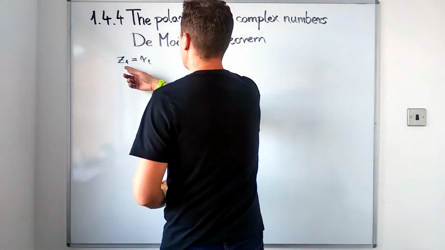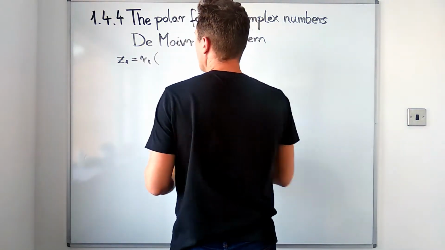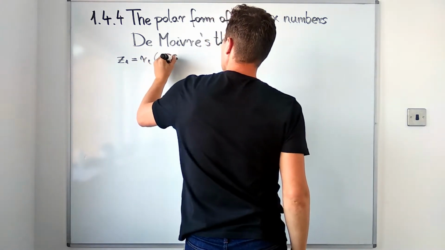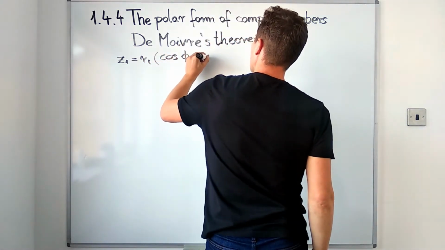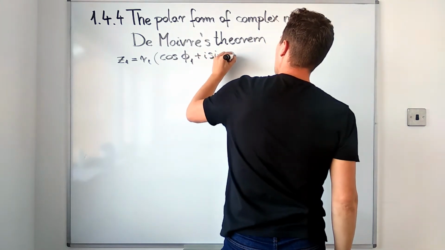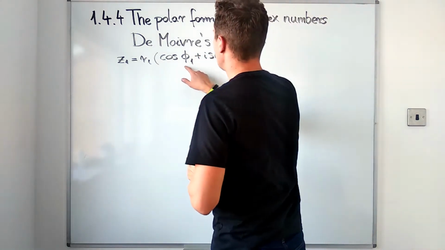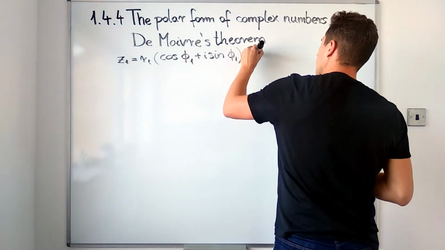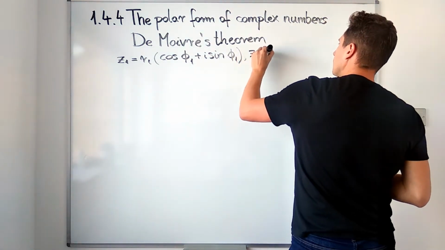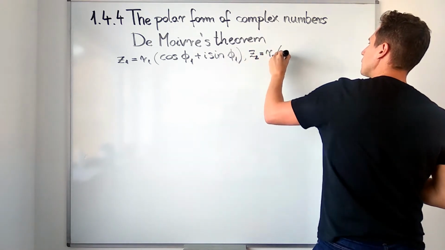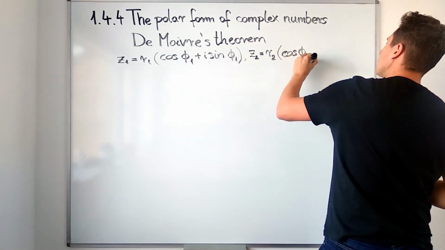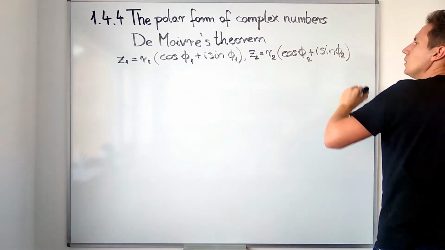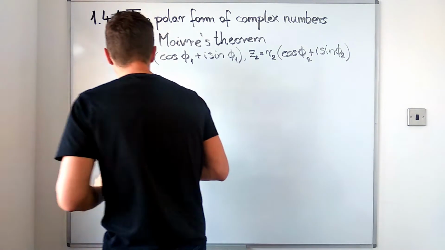I'm going to take an arbitrary complex number z1 with modulus r1 and argument phi1. So I'm able to write this number as r1 times the cosine of phi1 plus I times the sine of phi1. And the second number would be similar. It would be r2 times the cosine of phi2 plus I times the sine of phi2. Okay, so I have two arbitrary complex numbers.